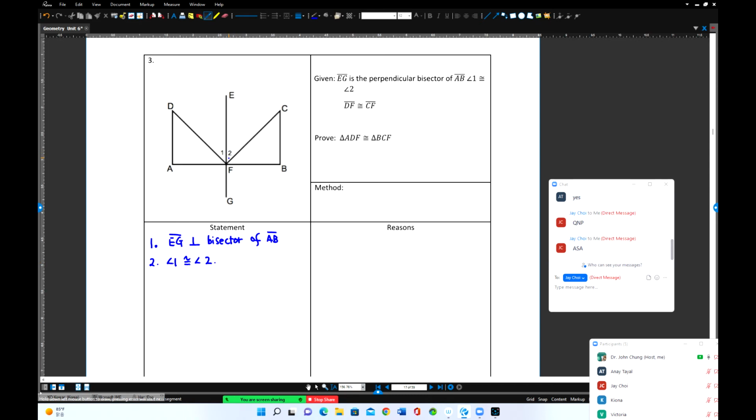Perpendicular means these two angles are right angles, and bisector means these two sides are congruent. That's the meaning, right? And also angle 1, angle 2 are congruent. Now this is not supplementary. This is complementary, okay?